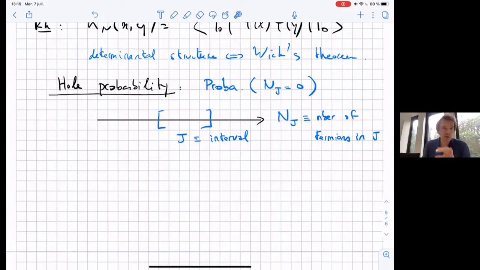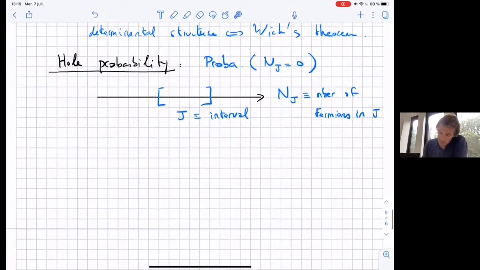So this is a very crucial property. Now, it turns out that for the determinantal point process, you have a nice expression for the generating function of this quantity. So let me introduce it. I want to see it as a generating function.